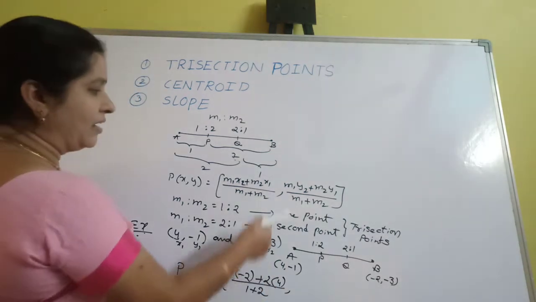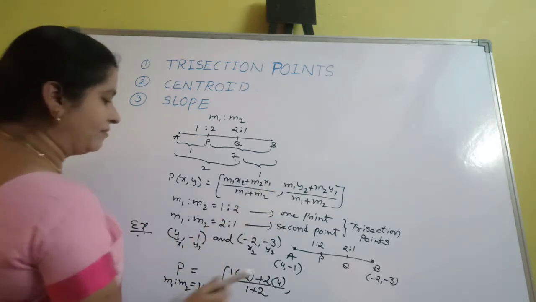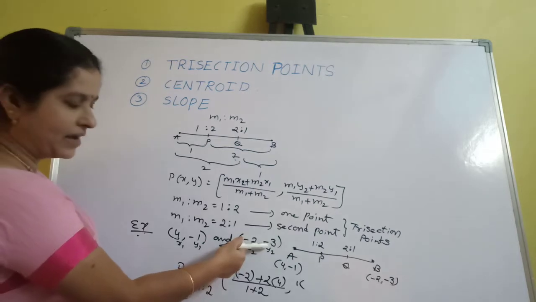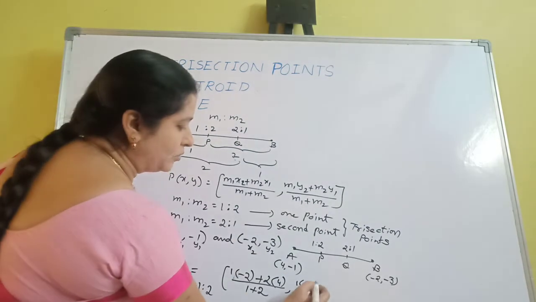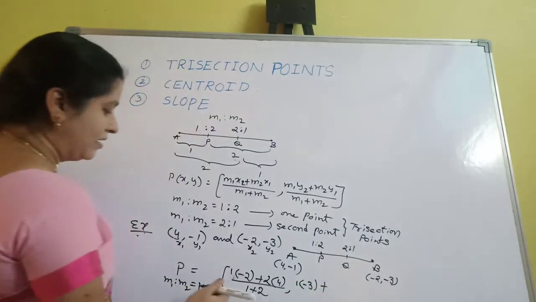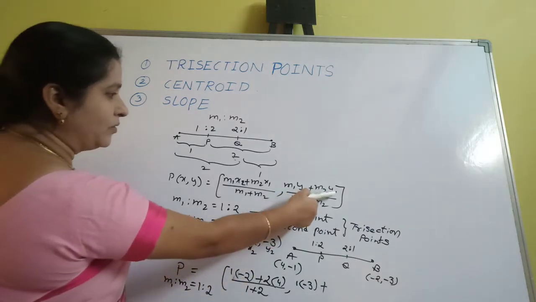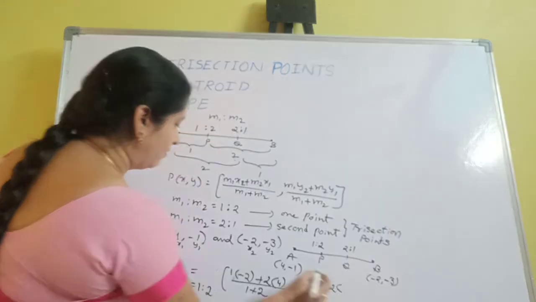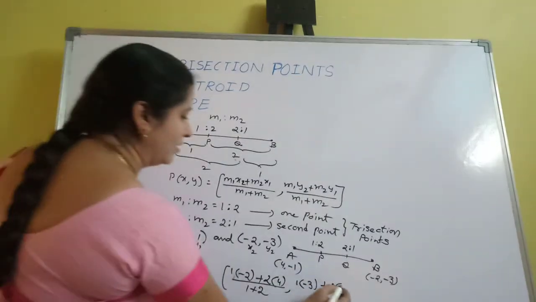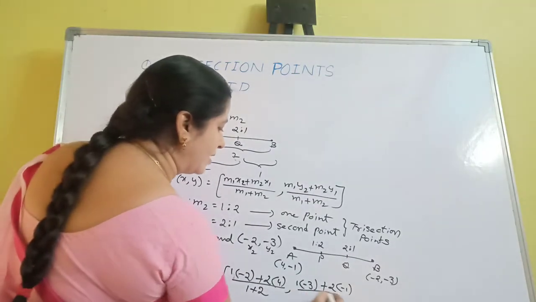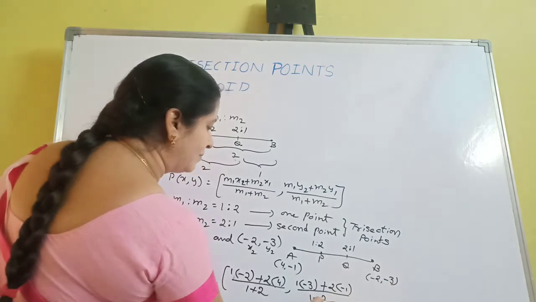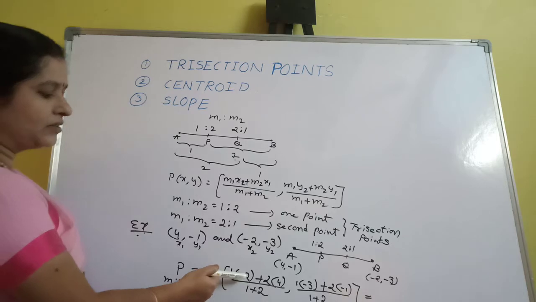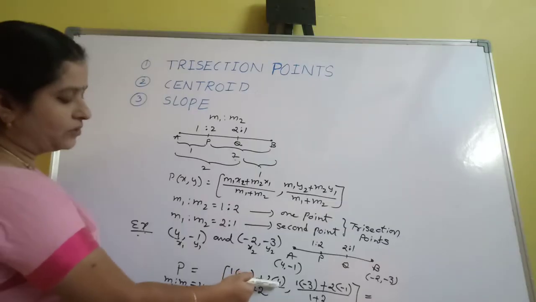Again the y coordinate: m1 y2, m1 value 1, y2 value -3. So 1 into -3 plus m2 y1, m2 value 2, y1 value -1. So 2 into -1, by again m1 plus m2, 1 plus 2. Simplify this. 1 into -2 plus 2 into 4 is 8.